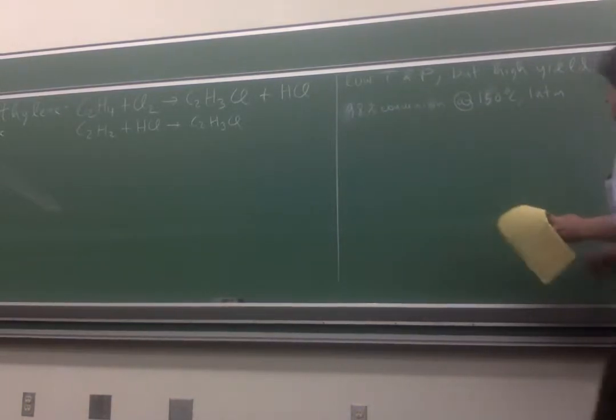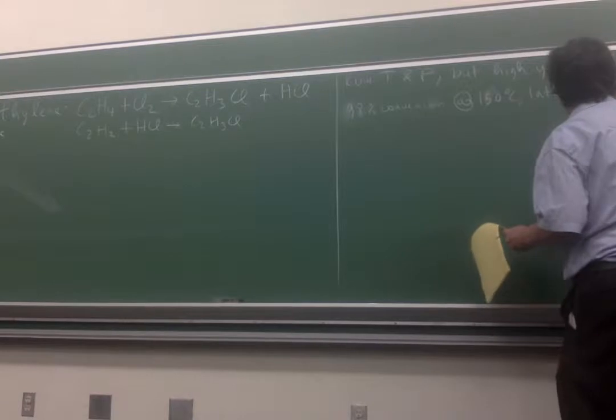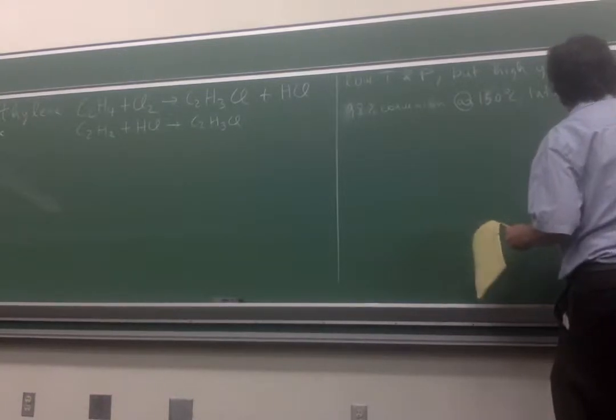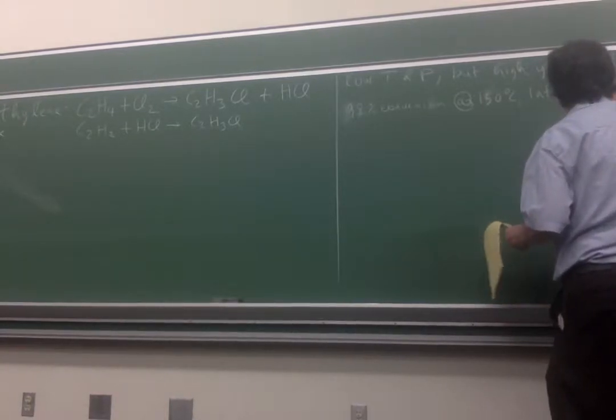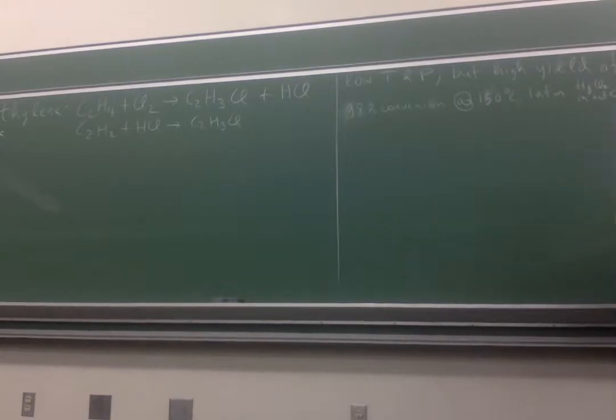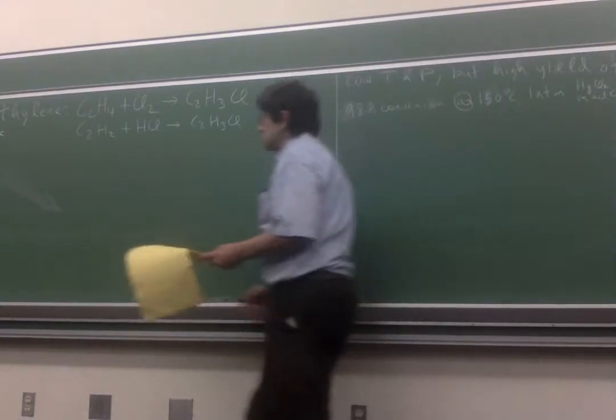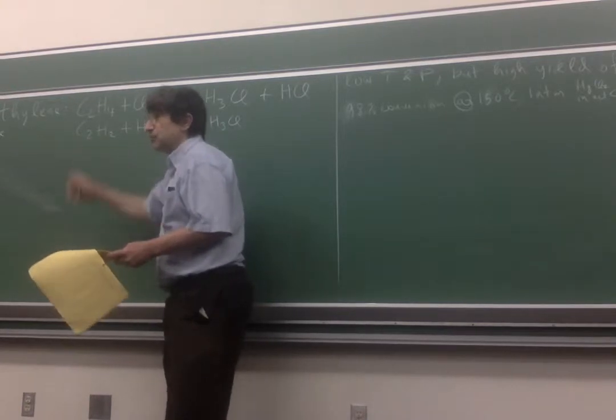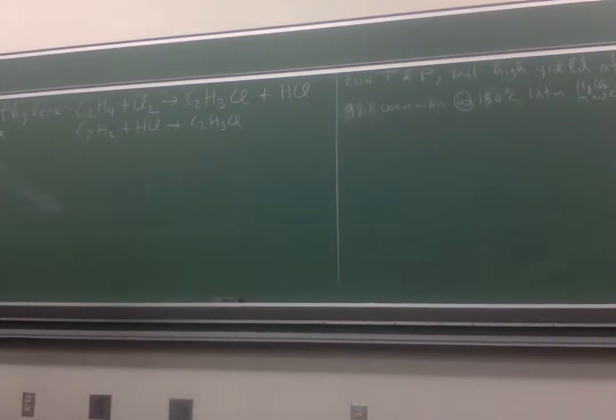But we also have mercuric chloride on activated carbon as the catalyst. And the issue here is that you have huge amounts of acetylene. The third is a two-step process.